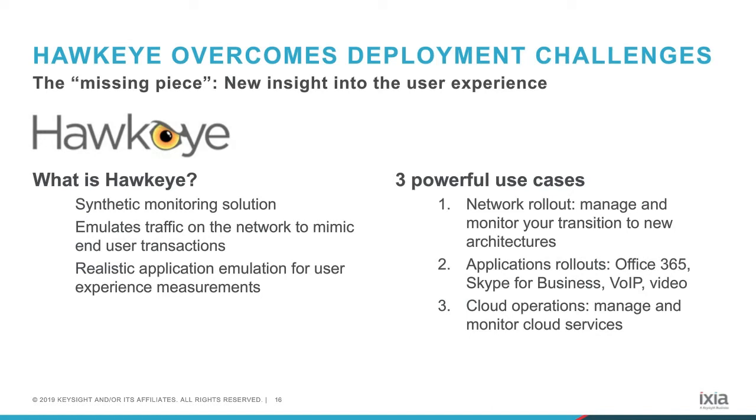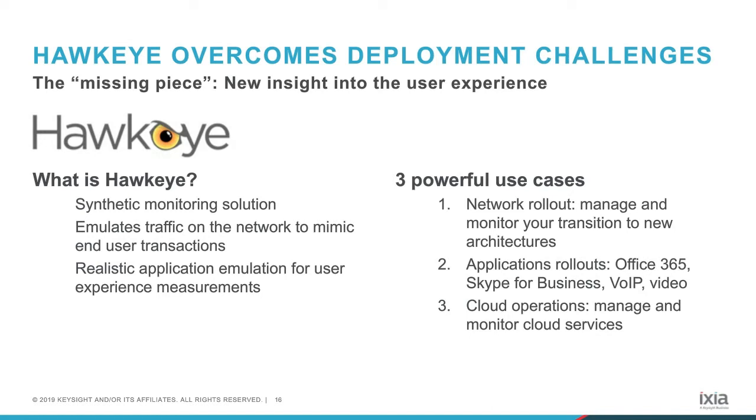With that, we can monitor your transition and help you in the different phases that I outlined on the previous slide. We can also help with new application rollout. As I said, during your SD-WAN transition, you may switch over to Office 365, and you're also going to implement new voice services, maybe transition over to Skype for Business or some other unified communication services.